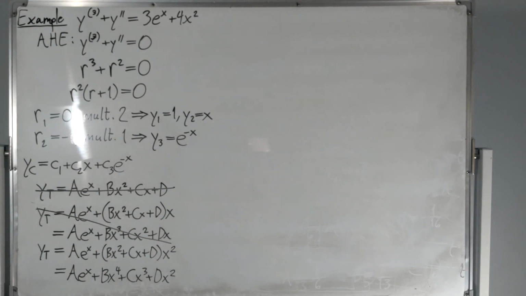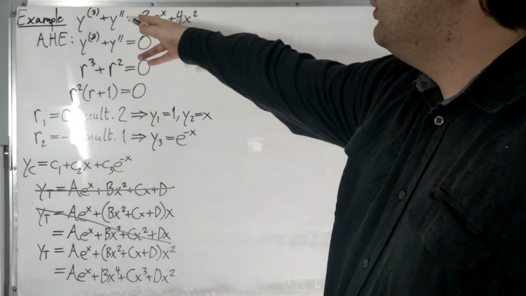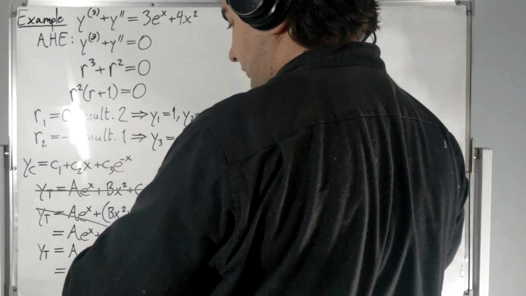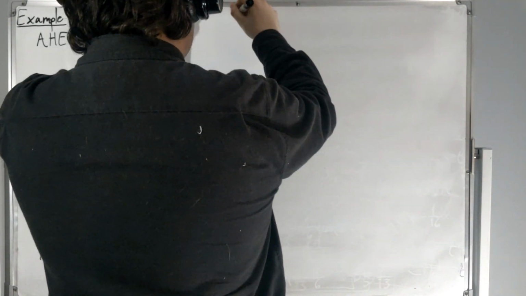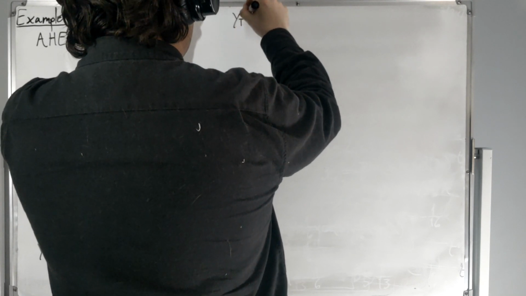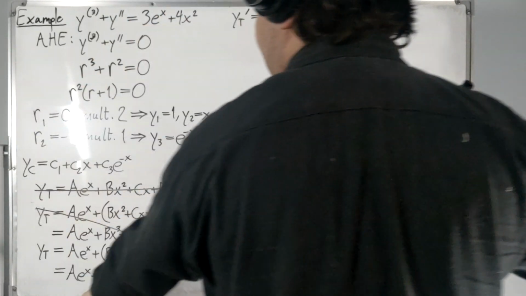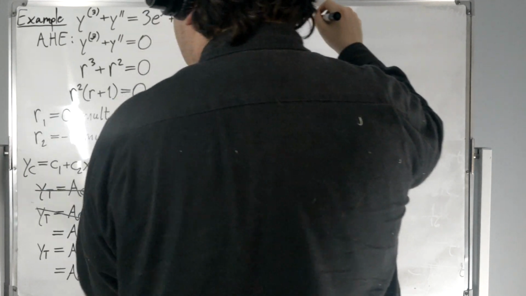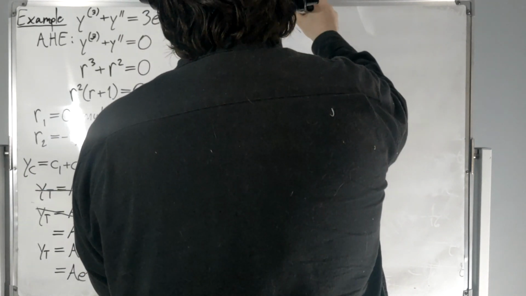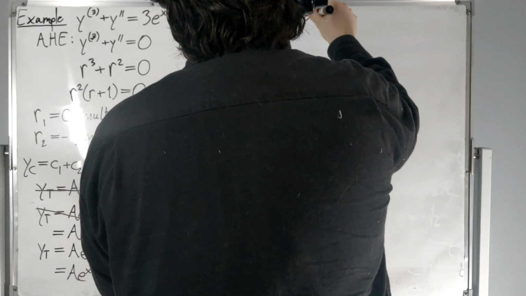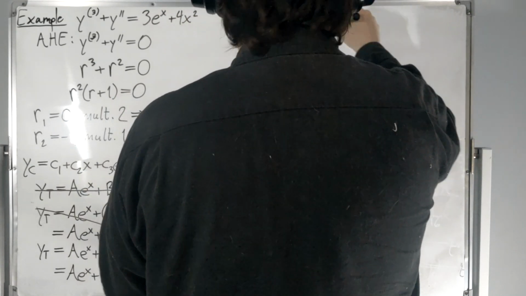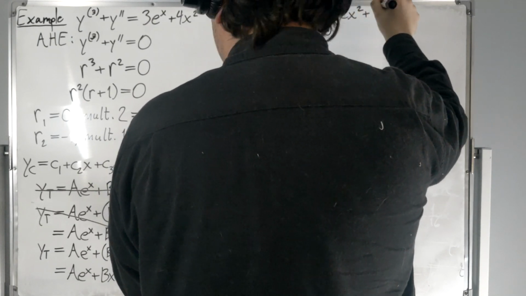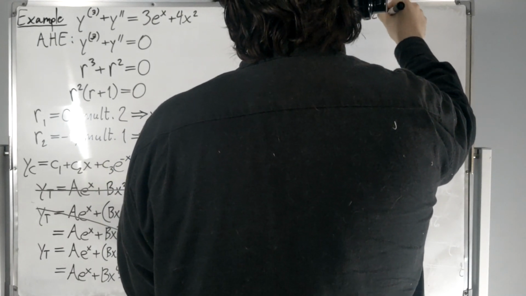Now then, we're going to need to take this and plug it into the original ODE. So we'll need two derivatives, or actually three derivatives. Good news is these derivatives are actually fairly easy. ae to the x plus 4b x cubed plus 3cx squared plus 2dx.